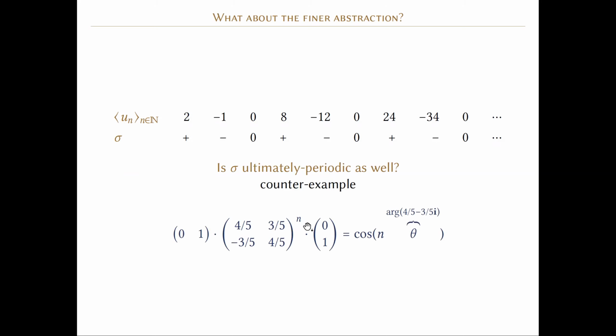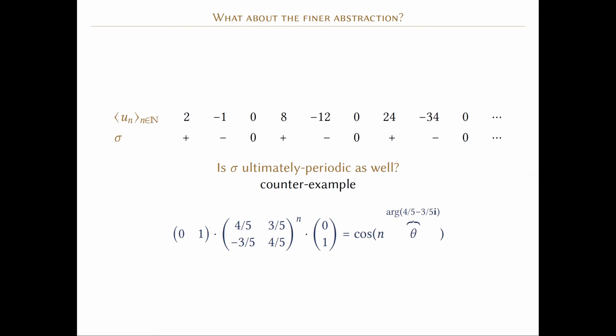This LRS simplifies to u_n equals cosine of n theta, where theta is an angle that's not a rational multiple of pi, and this sequence is known to be not ultimately periodic. So we cannot use ultimate periodicity to model check even asymptotic properties in this case.